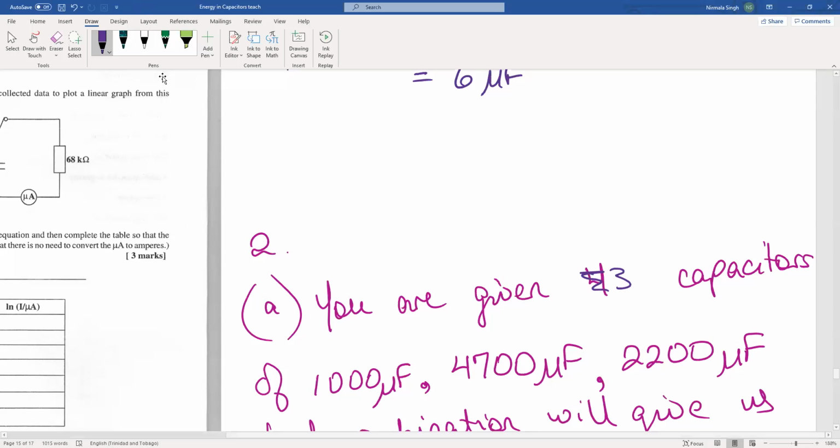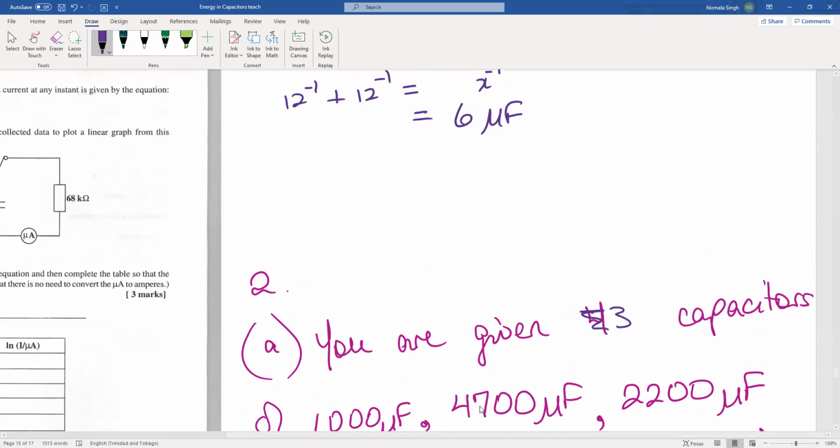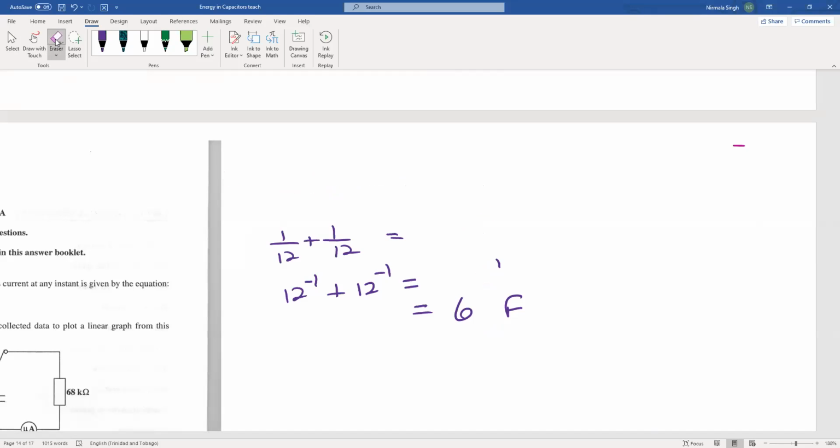And we ask you: one, which combination of capacitors will give you a capacitance of 3,200? What is going to give me 3,200 when I add up my capacitors? Sometimes you have to work backwards.